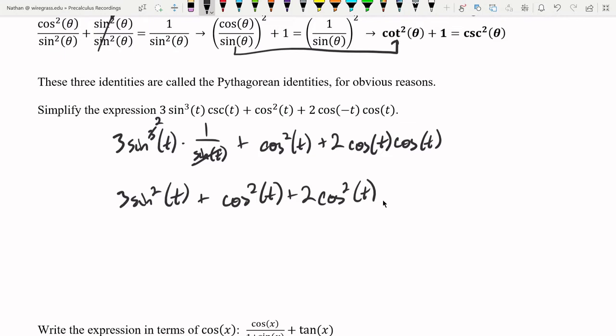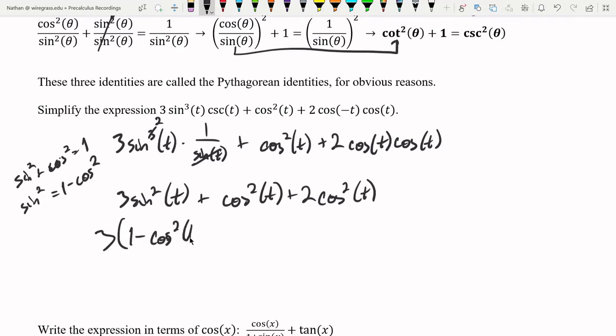I'm going to change sine squared because there are more cosines here, but it really doesn't matter. Using the Pythagorean identity, sine squared plus cosine squared equals 1, that means sine squared equals 1 minus cosine squared. So I get 3 times 1 minus cosine squared t.